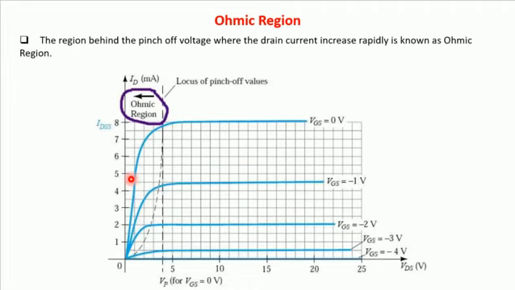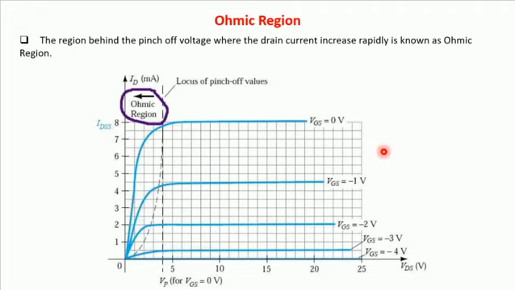And we know that whenever a closed switch kind of region is there, there will be no further effect of any changes in the input voltage on the output voltage. So these are the three main operating regions of JFET.